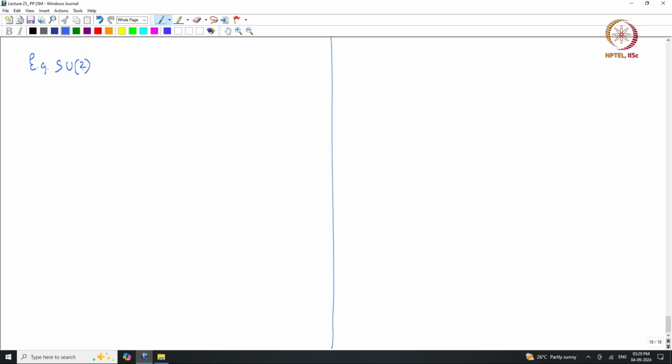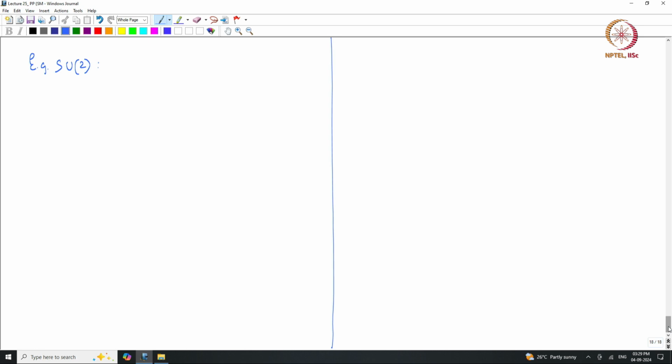SU2, simplest example, right? I have how many generators? 3, right? I have 3 generators in the fundamental, but then it's the same that I get for the adjoint as well, because I have 3 structure constants.